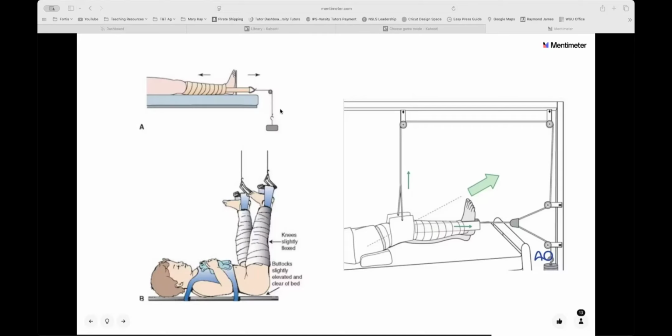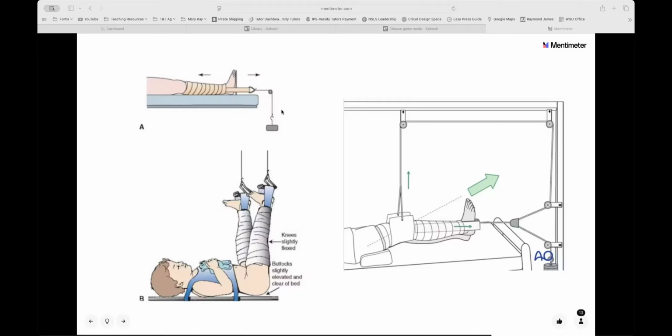What are some important things that we need to monitor our patient for when they are in Bucks traction? Infections. Yep. What else? When we're doing our equipment checks and doing our safety checks on our patient, what do we want to make sure we've got in place? The right weights.